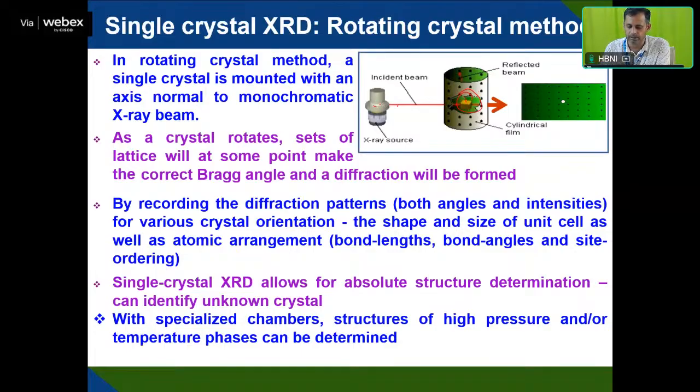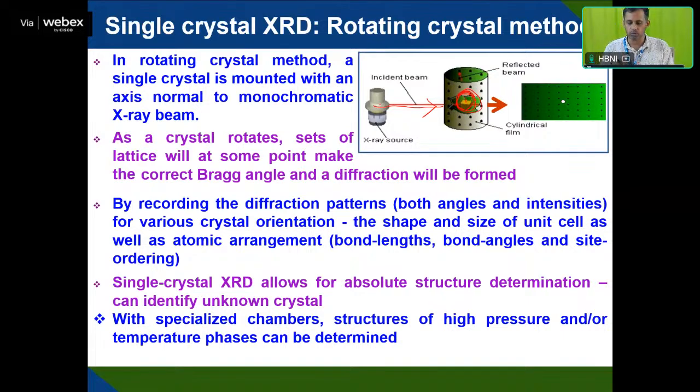You have an incident X-ray beam coming in, and the single crystal is mounted on a rotating stage with a cylindrical film around it. After the beam passes through, you will get reflected beams on the film, and you will get signal interference that you can spot out here.